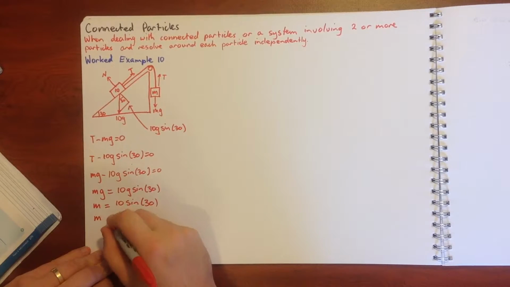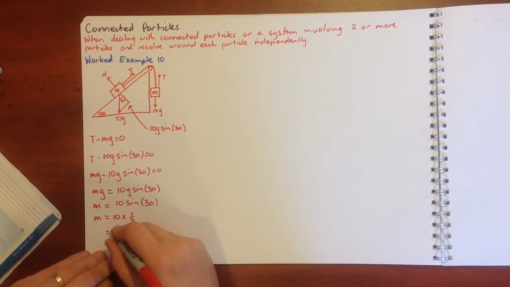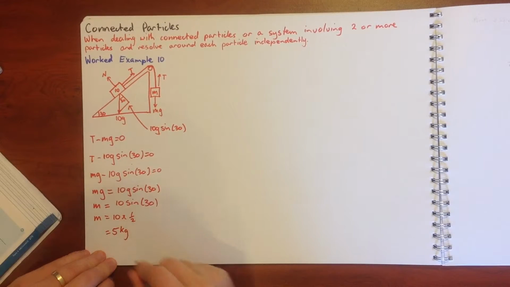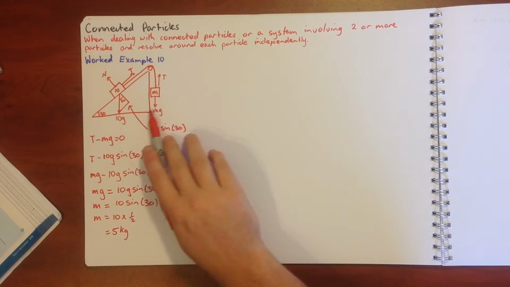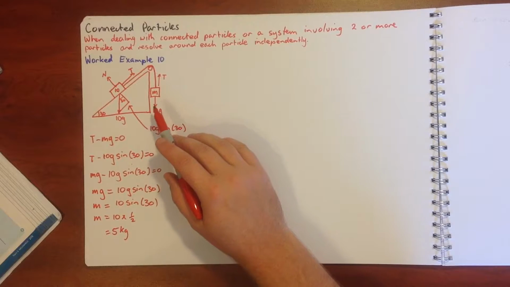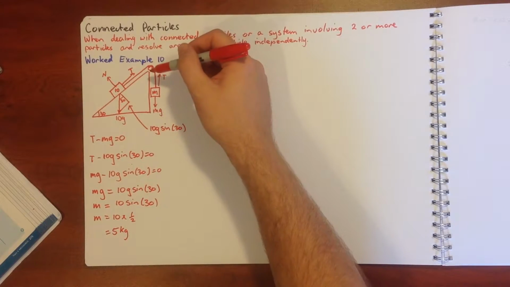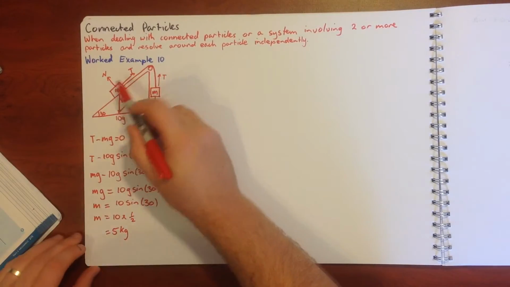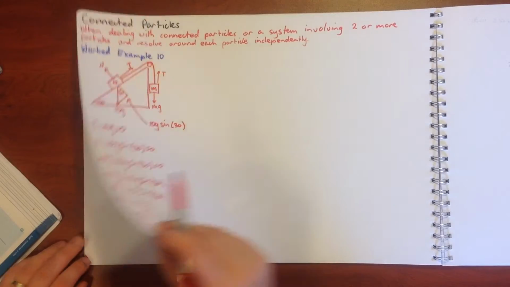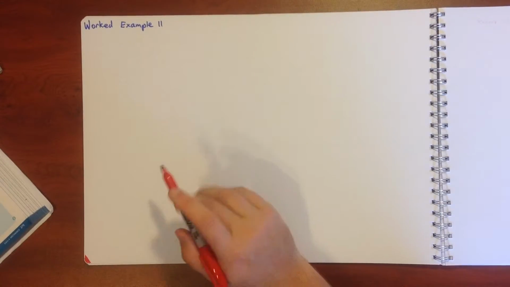That means m equals 10 times a half, so it has to equal 5 kilograms. So we isolate our system by just looking at our mass here first, and that gave us our tension force that we needed to keep our package here in equilibrium. So I'll have a look at worked example 11.